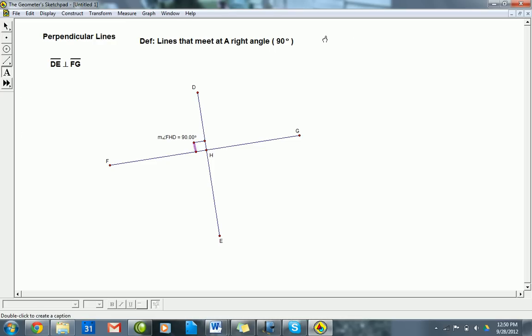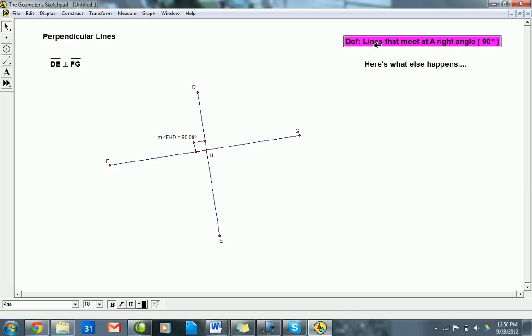Not only do we get the lines that meet at one right angle, we get lots of other things. So here's what else happens, and it comes from the definition. The definition gives us a right angle, and perhaps you're reading ahead and can tell what's going to happen, but a lot of other things happen too.